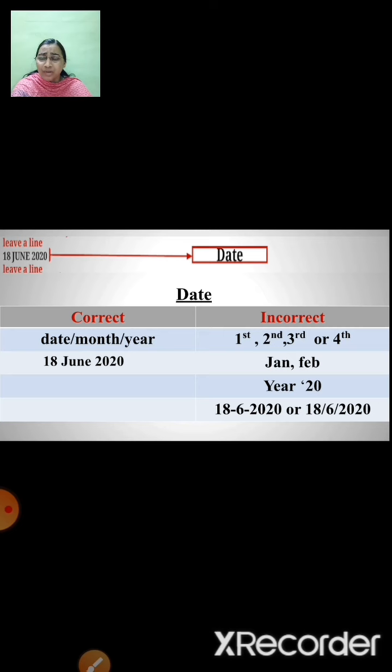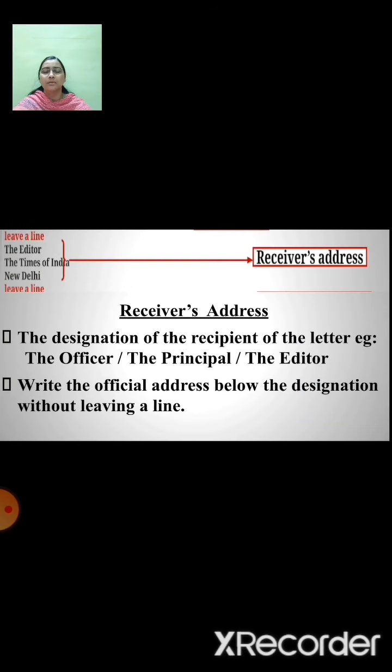Now let us move ahead and understand the next step, that is the receiver's address. The person to whom we are writing the letter will be the receiver. The receiver's name and address are written leaving a line after the date, and left aligned.